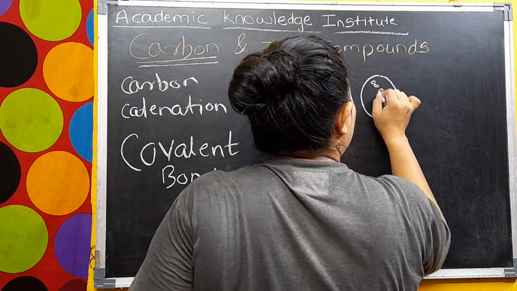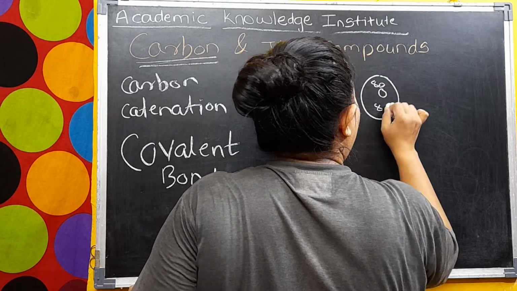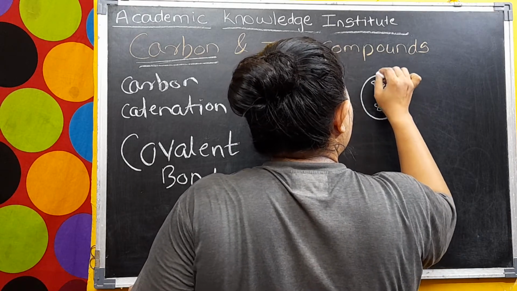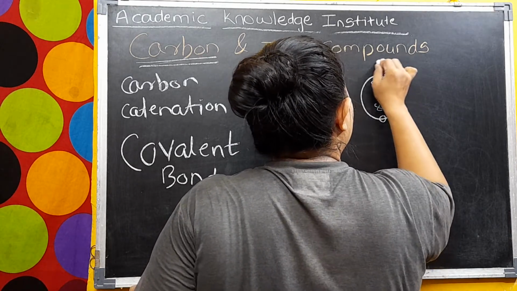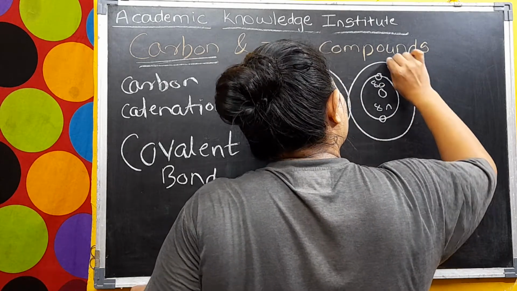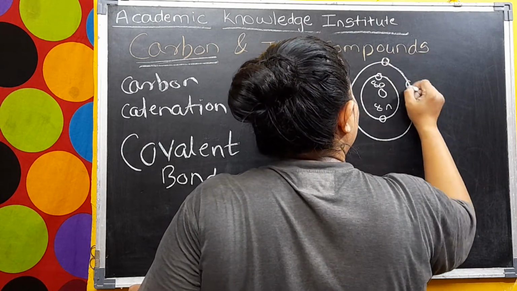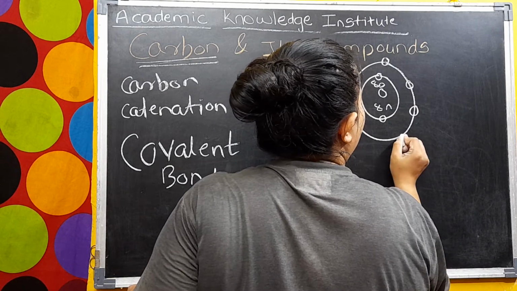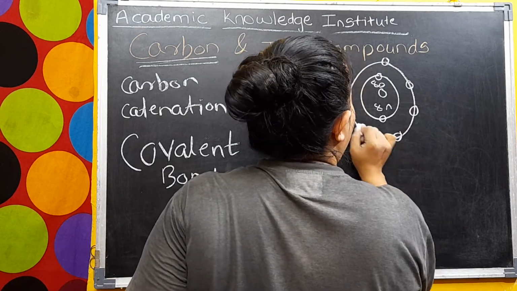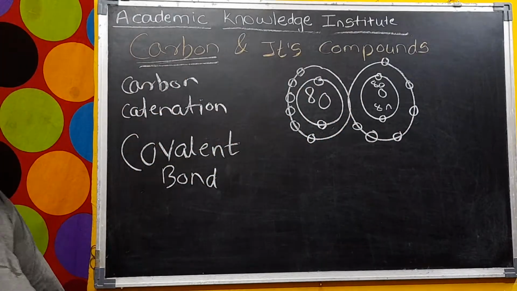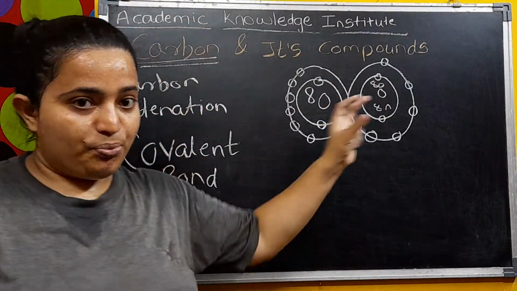There will be 8 protons, 8 neutrons. In the first shell there will be 2 electrons, in the second shell 6 electrons, right?